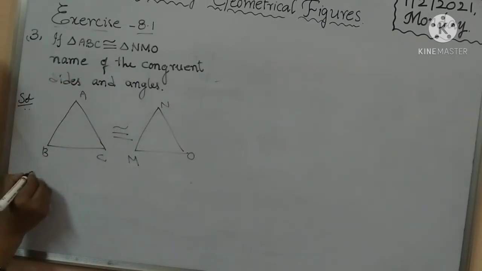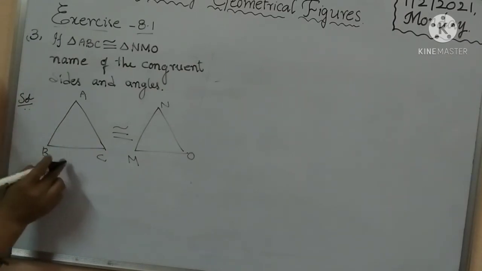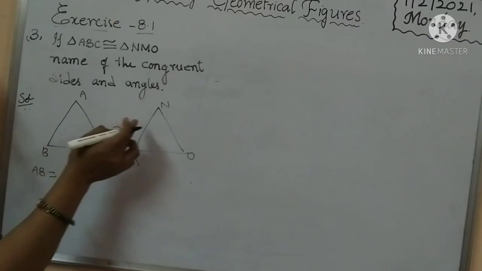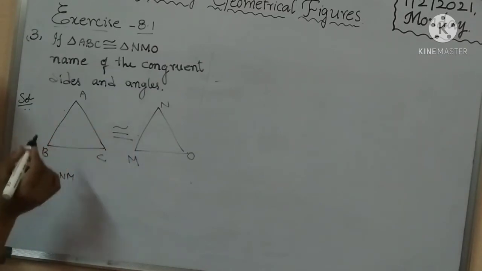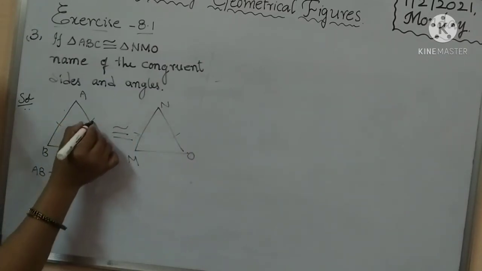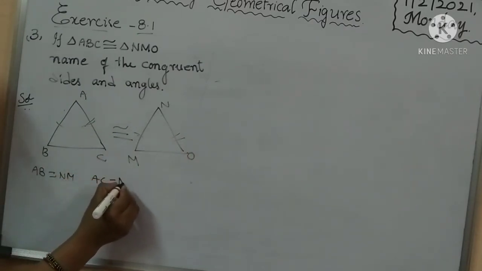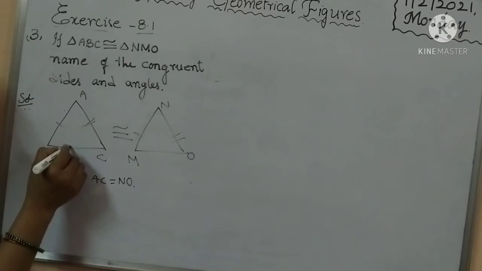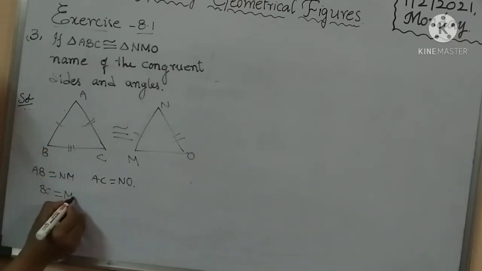So here, in triangle ABC, AB equal to NM in triangle NMO. AB equal to NM. And next AC equal to NO. And next BC equal to MO.